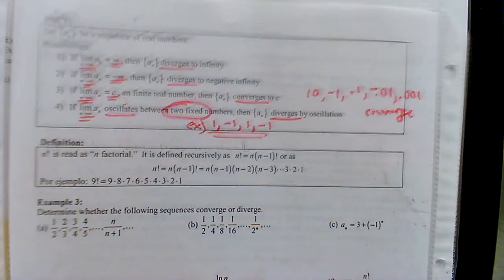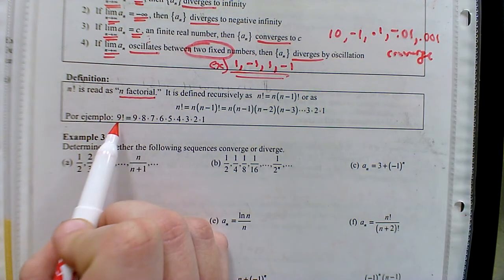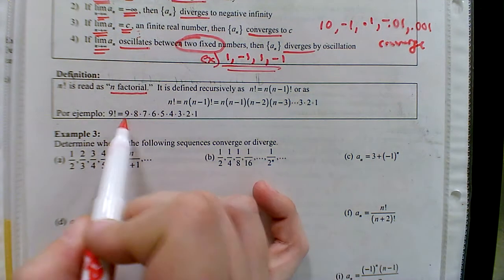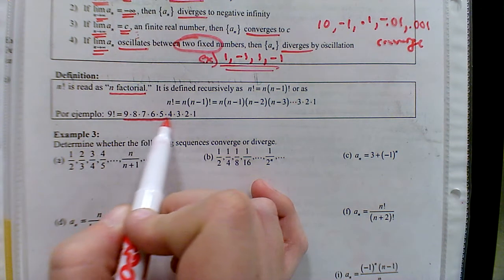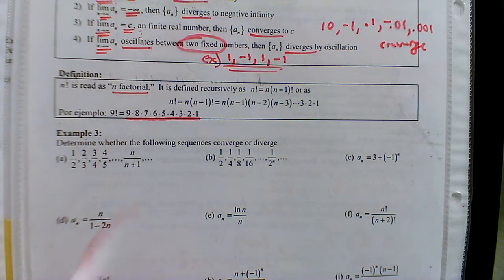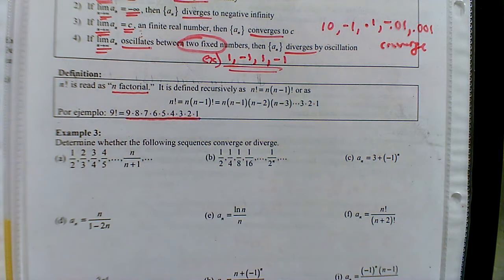Another thing we're going to have to get used to, especially in this section, are factorials. We've seen the exclamation point before, right? We know it means we're multiplying all of the previous terms together, but we're going to be working with variables more than numbers, that letter n, to represent which number we are in that sequence.